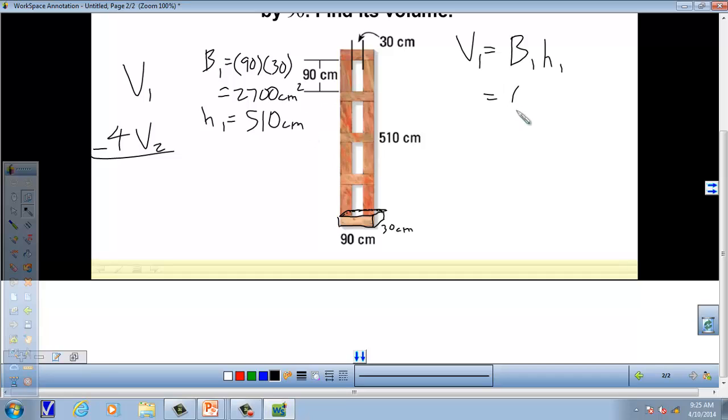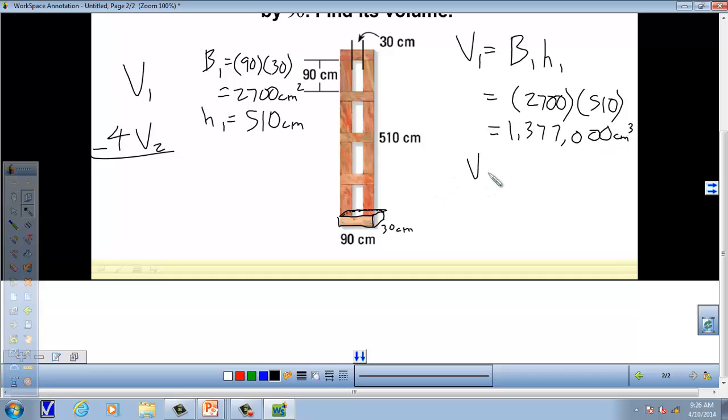So we're going to end up multiplying 2700 times 510, which ends up being like a million something. Let's see, 510 times 2700. We get 1,377,000. And this time it's cubic centimeters.